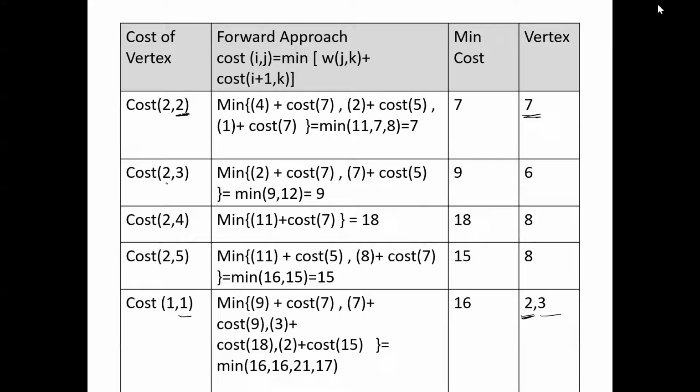Both should be 16. We calculated both are 16 only. That's why we are getting the minimum cost. When you do it manually also, you should be getting 16. Deepak, are you getting 16 for both? Yes, ma'am, it's 16 only. Both are 16. If you want, you calculate, that 16 only we should get.